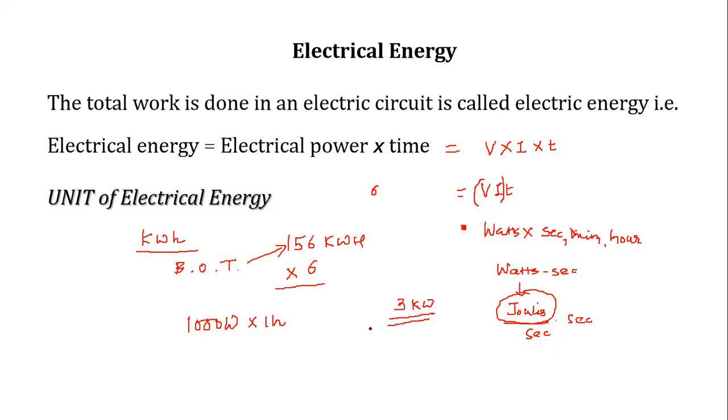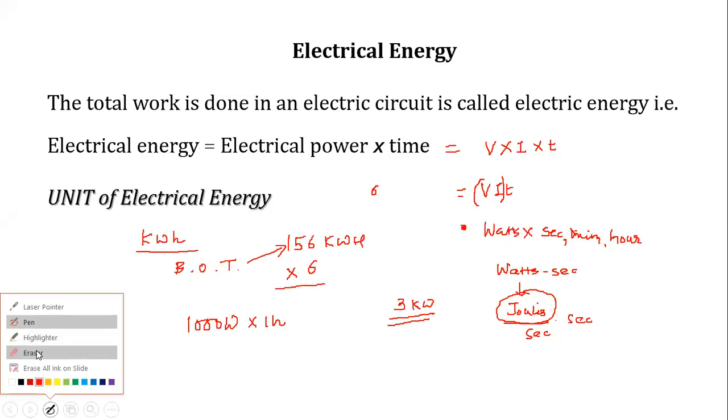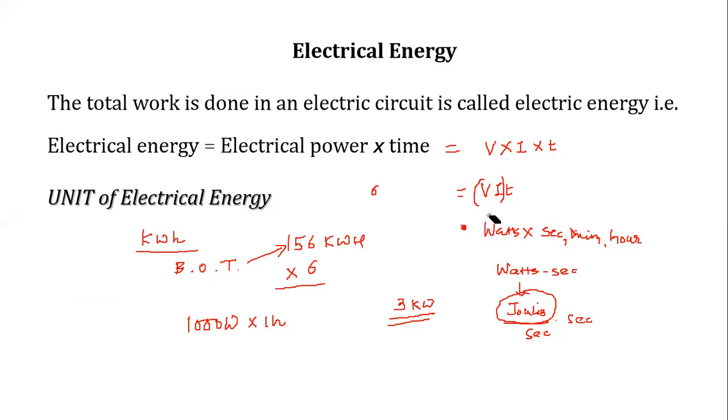It is a diversified load. Okay, let us solve an example and try to understand this. I hope this is clear to you that the energy is electrical power into time and its unit is kWh, right? So I write it over here.